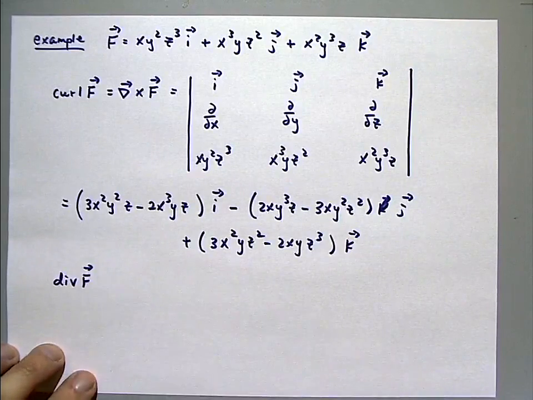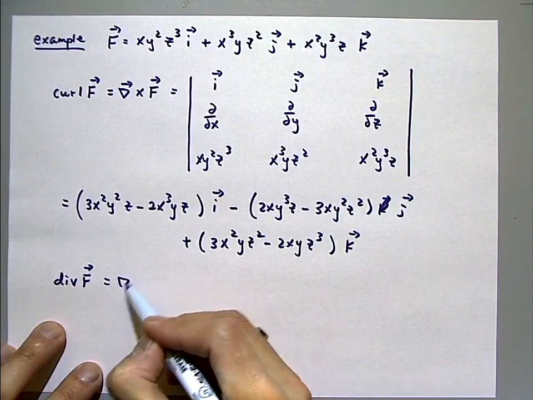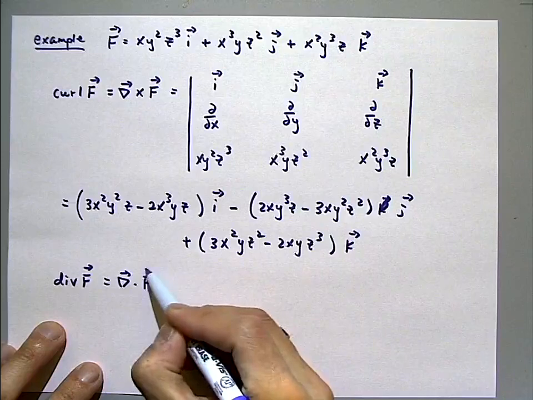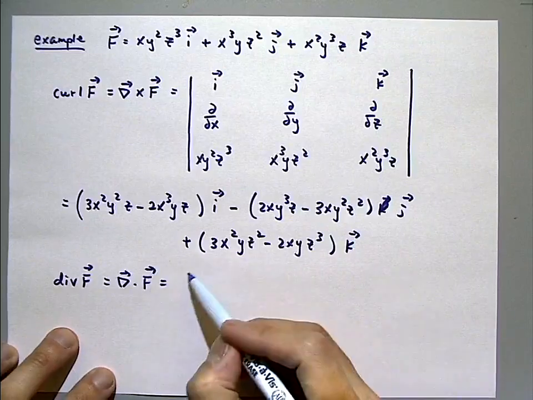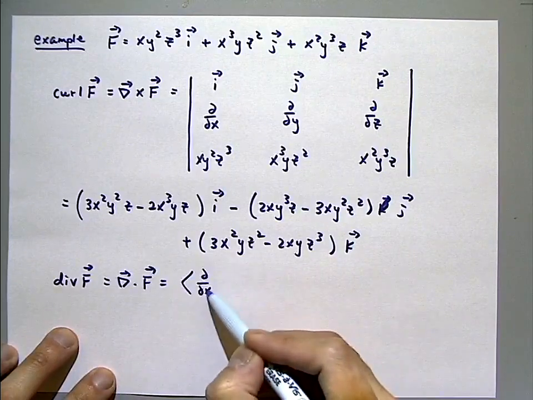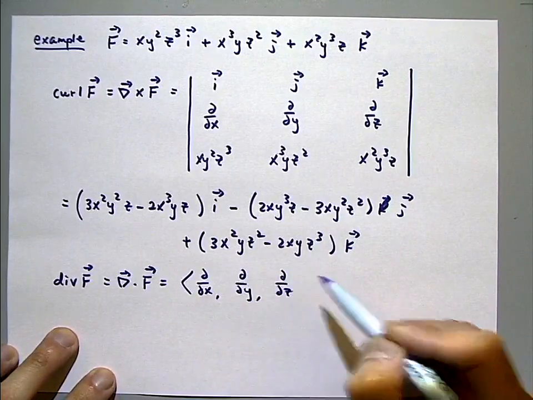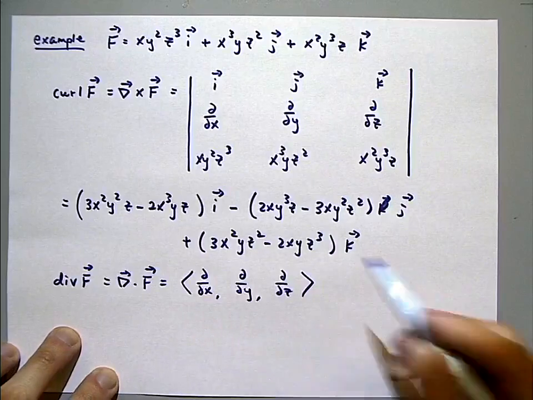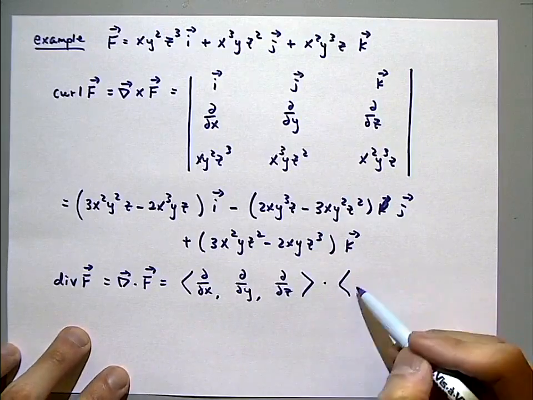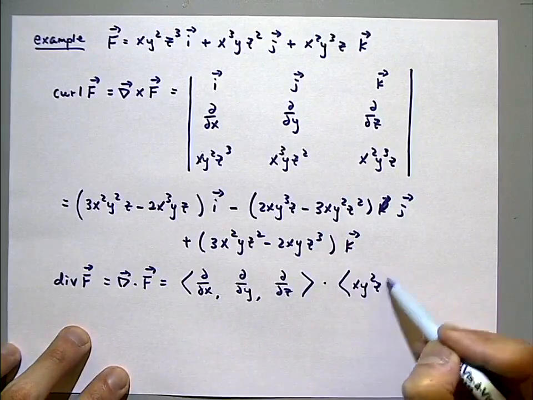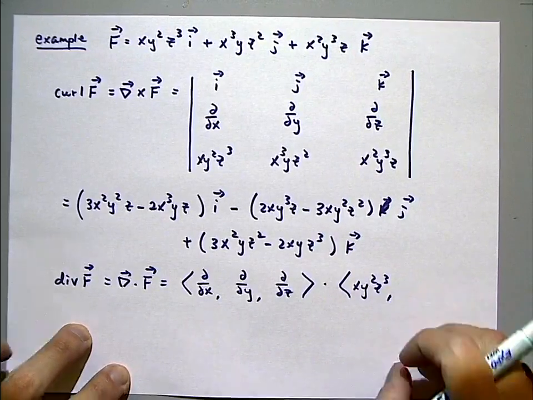Divergence is much easier. It's del dotted with F. So this is del, ijk components, dotted with F, ijk components too.